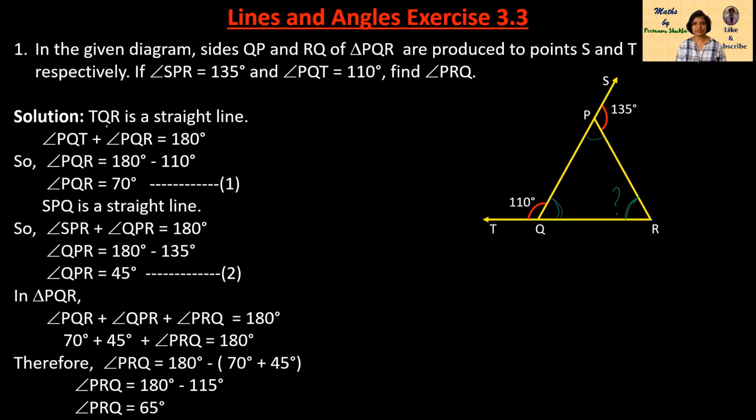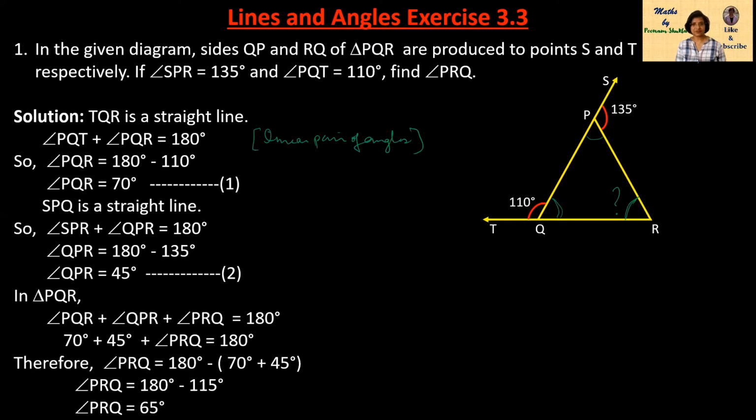TQR is a straight line, so we are taking this straight line. These two angles are a linear pair of angles, so we can write angle PQT plus angle PQR equals 180 degrees. Here we can write linear pair of angles.